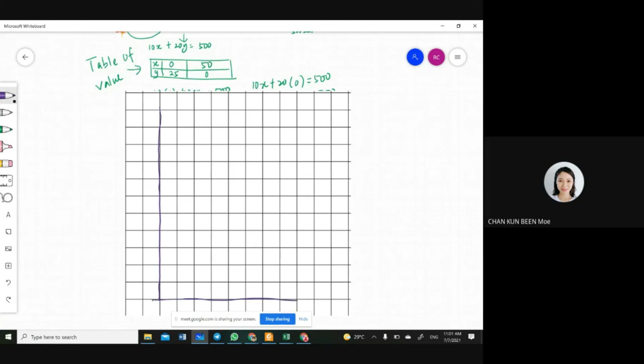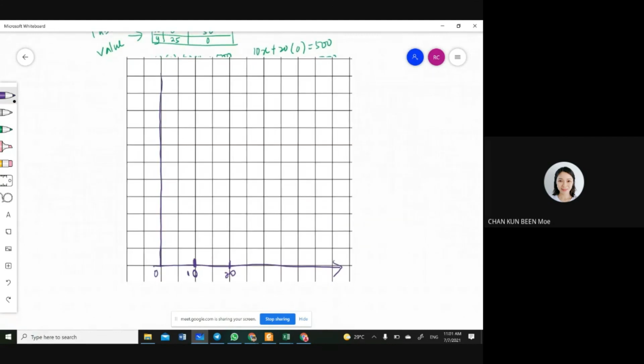And here. This is the x-axis. The x-axis must have 0 to 50. Sorry, 0 is from here. This is 10, 20. So you can see my unit here: 2 boxes represent 10. 2 boxes represent 10. I cannot suddenly say this one is 25, and then this one becomes 30, and then this one becomes 40.